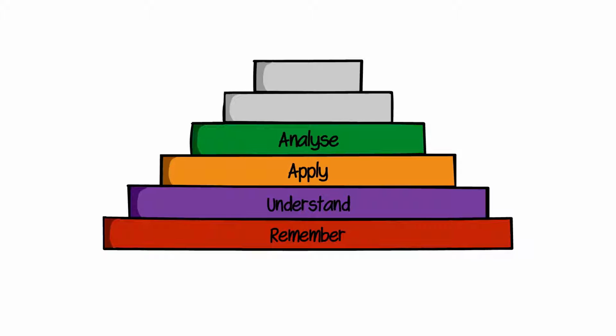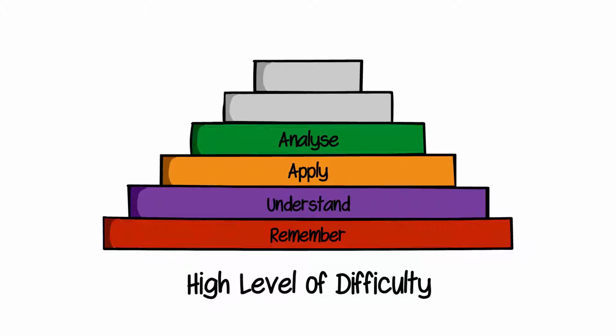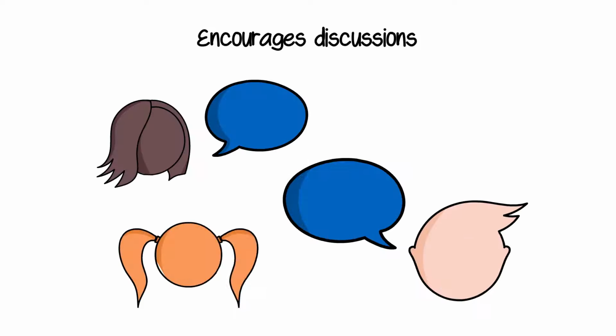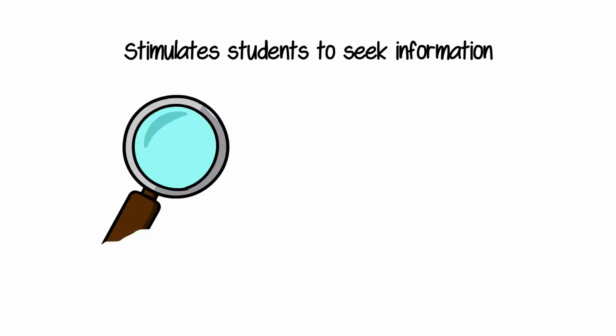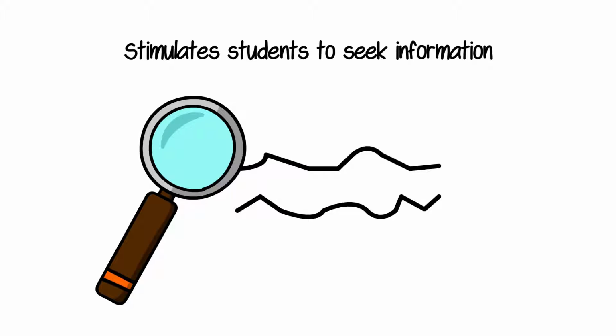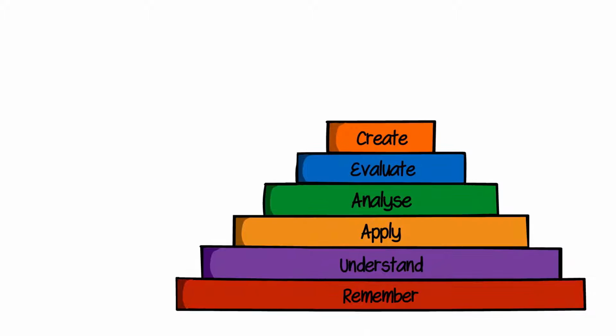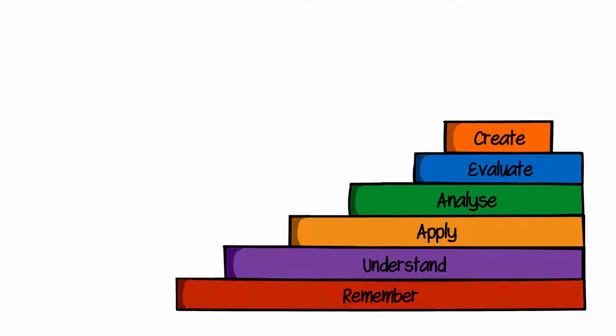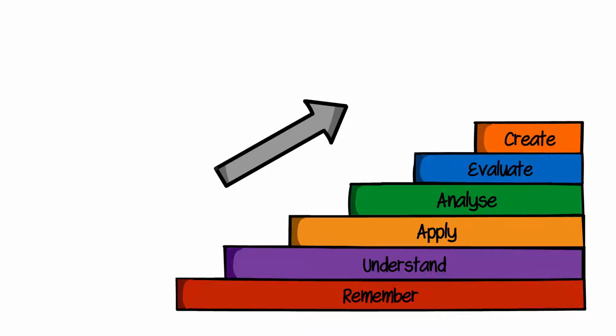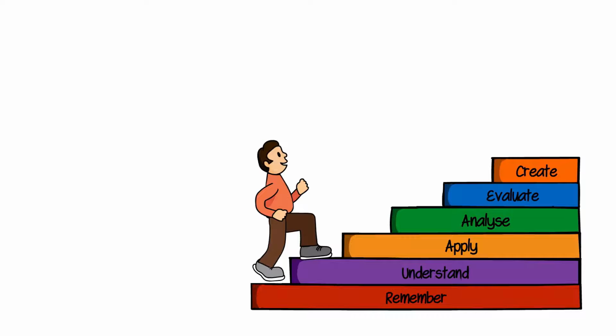And then, finally, the high level of difficulty, evaluate and create, which encourages discussions, stimulates students to seek information, and create new content. Educators encourage learners to climb to a higher level of thought. Bloom's original taxonomy is hierarchical.